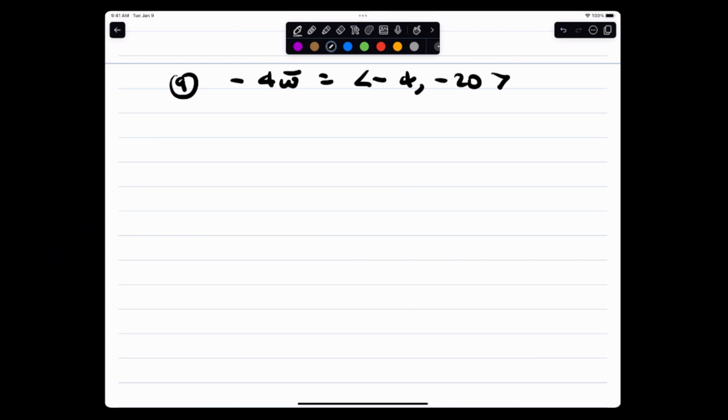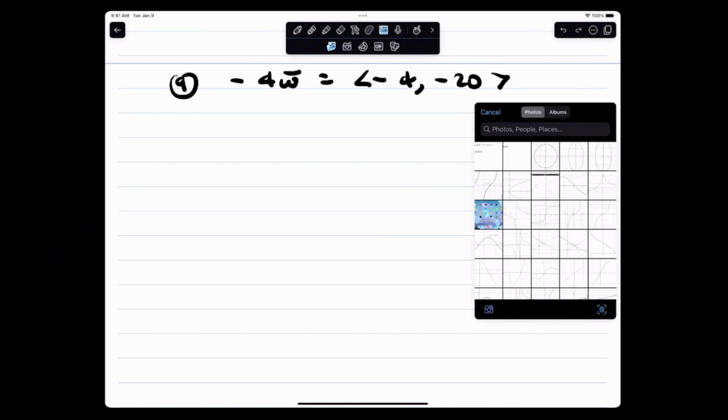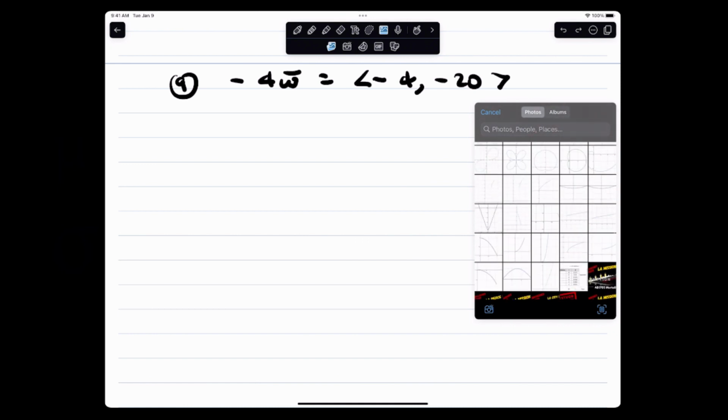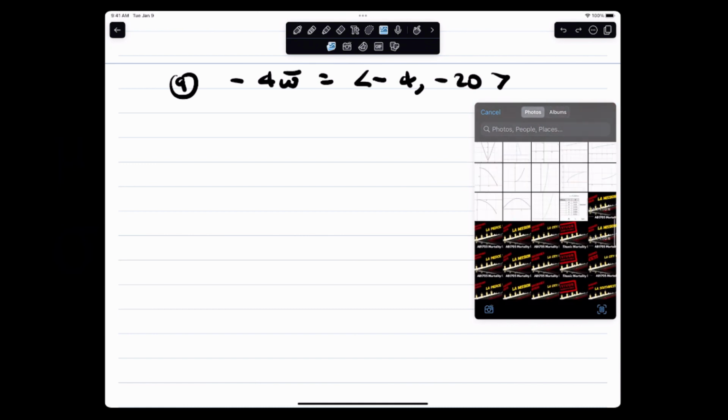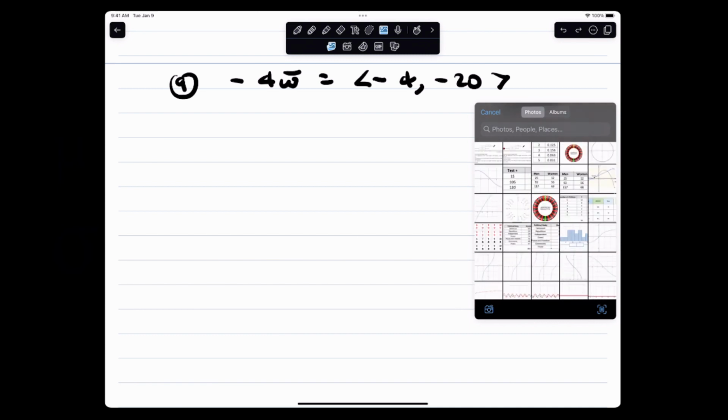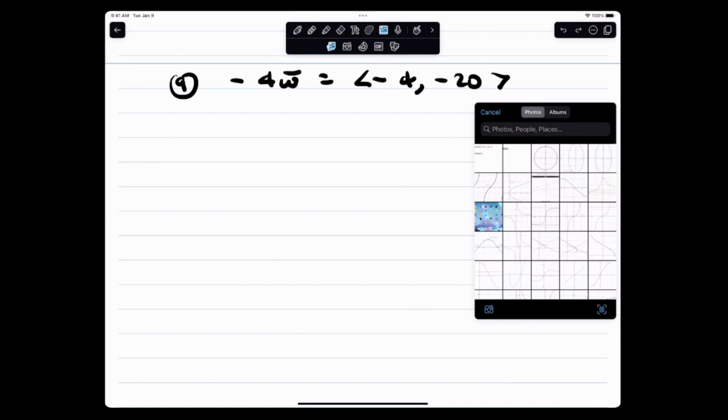So let's take a look at what's happening here. If we want this magnitude, and maybe at this point, my graph here, I don't know if I go as far as negative 20. Okay, I'm looking for another graph.